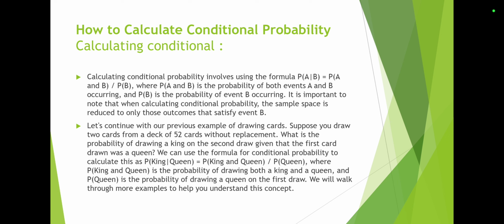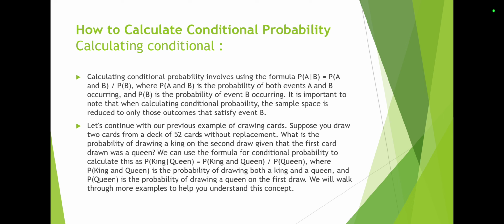Let's continue with our previous example of drawing cards. Suppose you draw cards from a deck of 52 cards without replacement. What is the probability of drawing a king on the second draw given that the first card drawn was a queen?